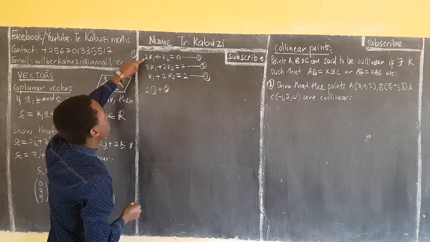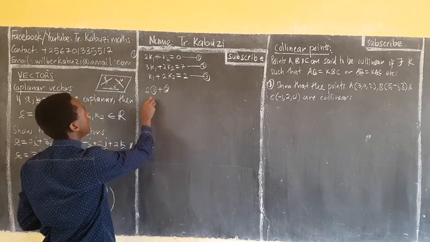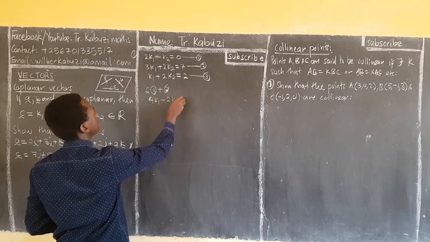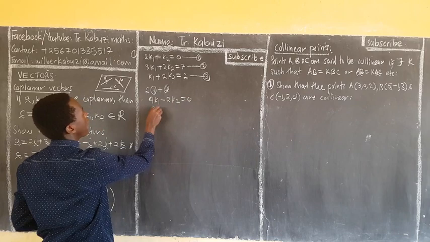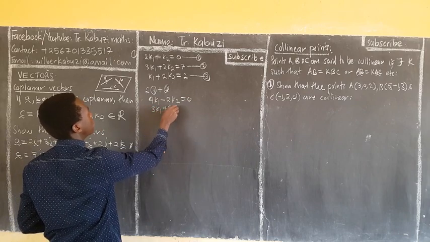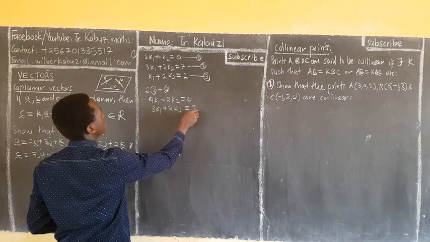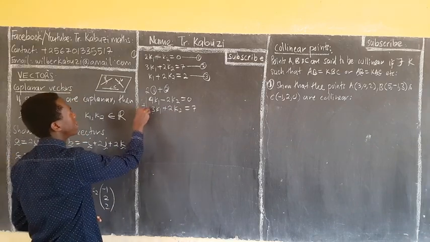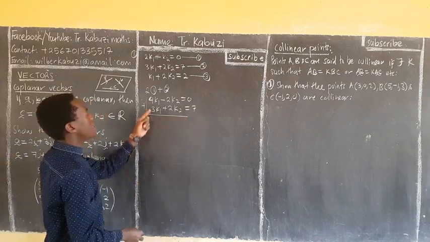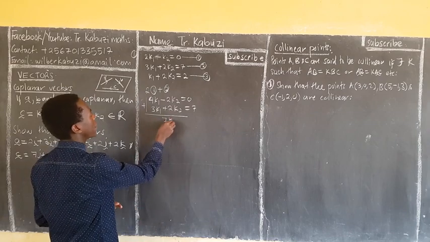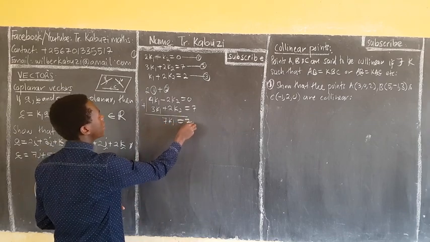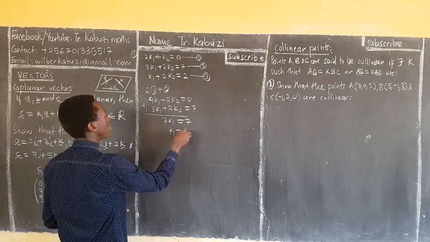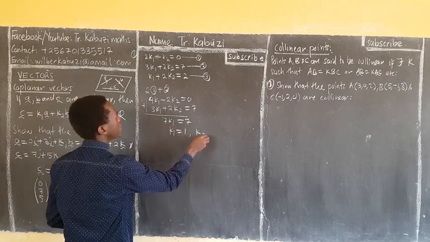So multiplying by 2, I have 4K1 minus 2K2. Now we add because the signs are the same. If I add, I get 7K1 equal to 7, and from there K1 is equal to 1.